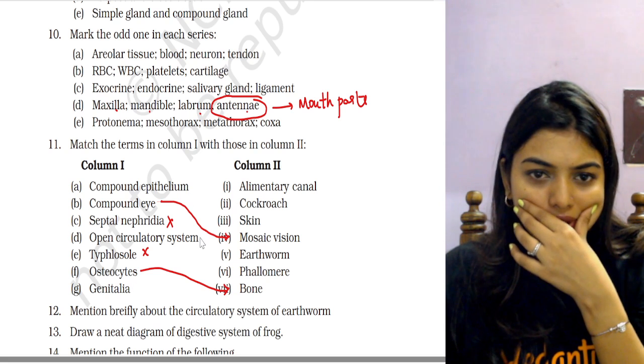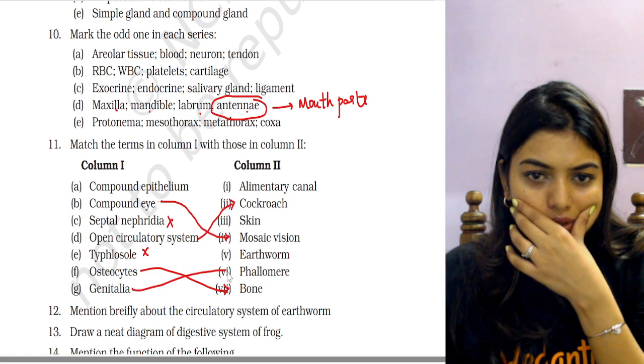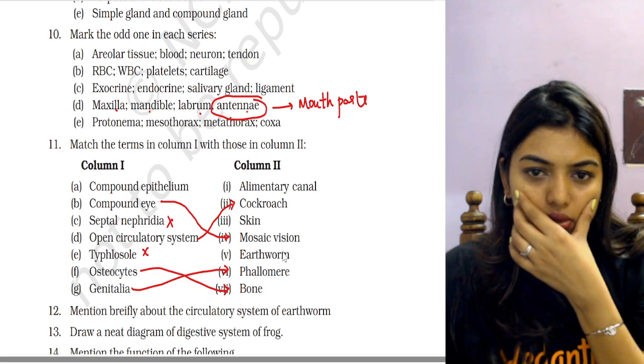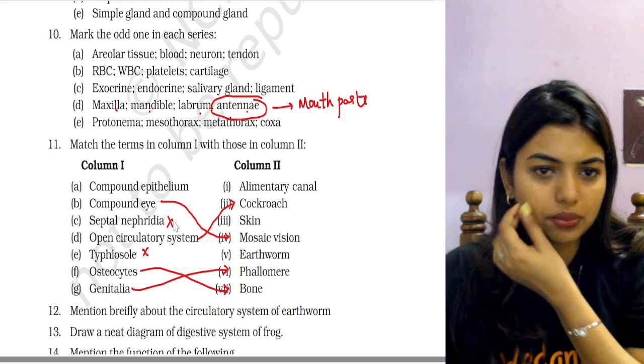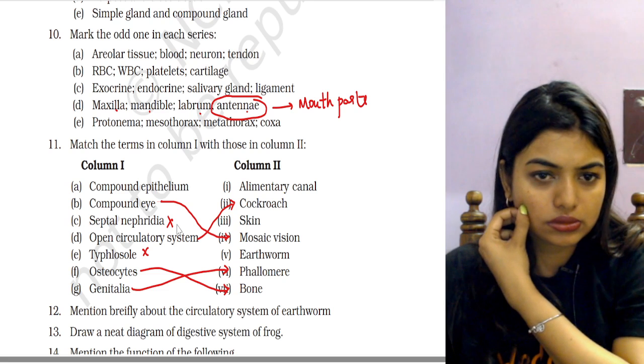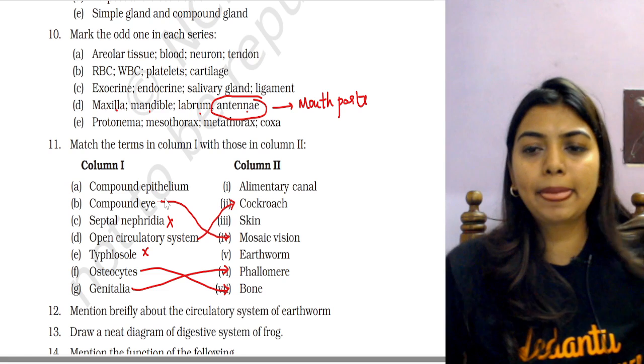Here open circulatory system, cockroach, genitalia, phallomeres, I guess. Earthworm, skin, alimentary canal. Since we don't bother about earthworm, you don't have to bother. Yes, I think that's it. Okay, this is done.